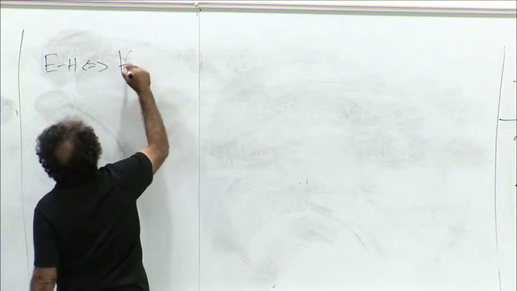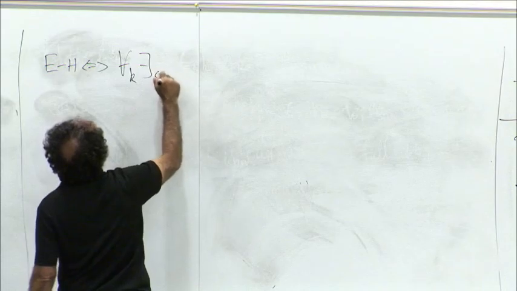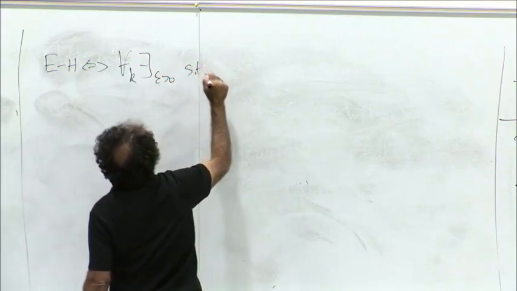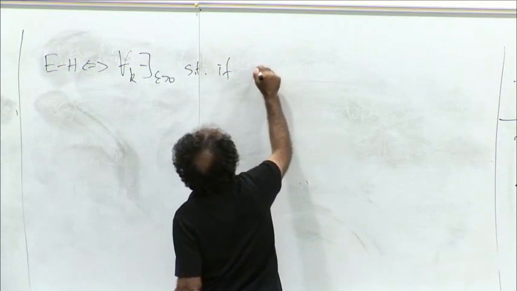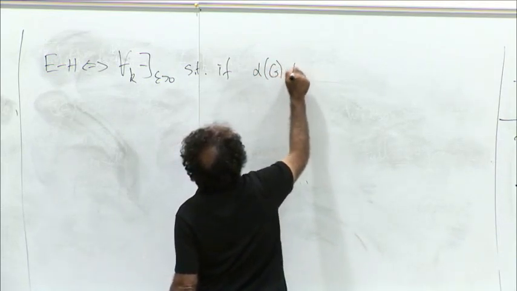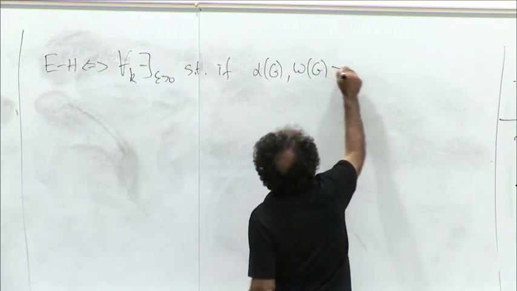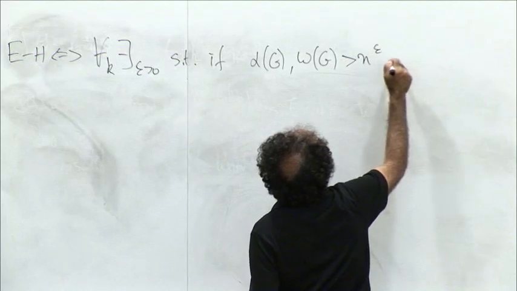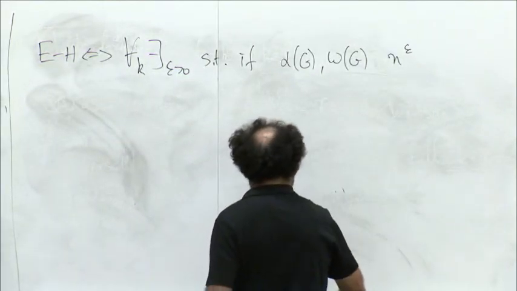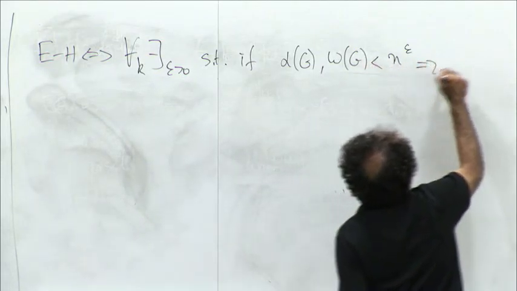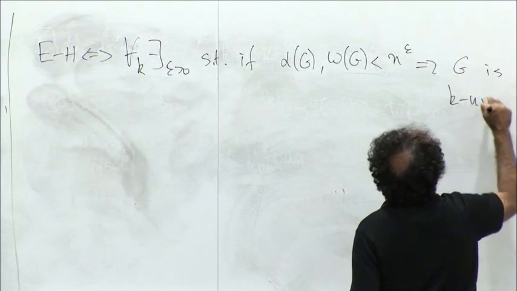It says for every k, there exists an epsilon positive such that if alpha of G and omega of G are smaller than n to the epsilon, then G is k universal.